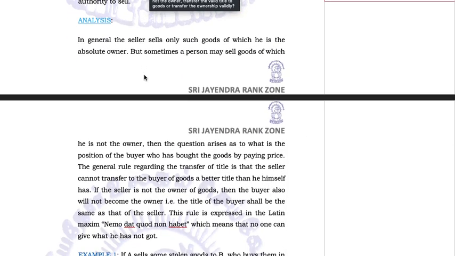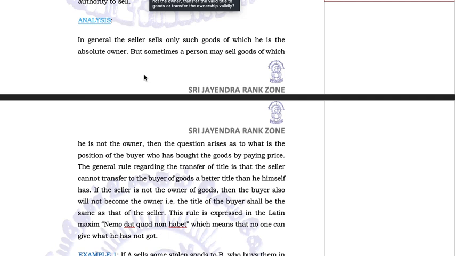In general, the seller sells only such goods of which he is the absolute owner. But sometimes a person may sell goods of which he is not the owner. Then the question arises as to what is the position of the buyer who has bought the goods by paying the price. The general rule regarding the transfer of title is that the seller cannot transfer to the buyer a better title than he himself has. If the seller is not the owner of the goods, then the buyer also will not become the owner.